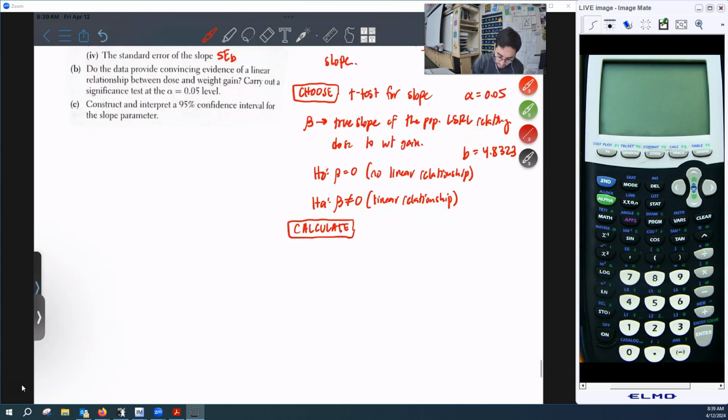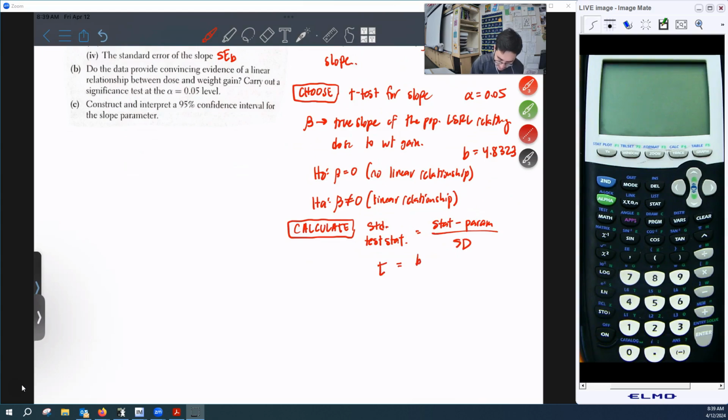So we'll begin with the general formula. Okay. A standardized test statistic is a statistic minus its corresponding parameter divided by some standard deviation. In this case, we're doing a t-test, so we're going to get a t-value.